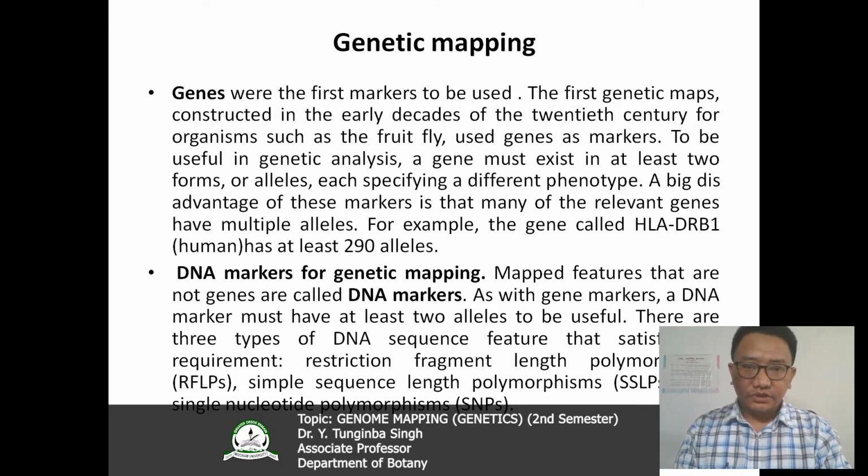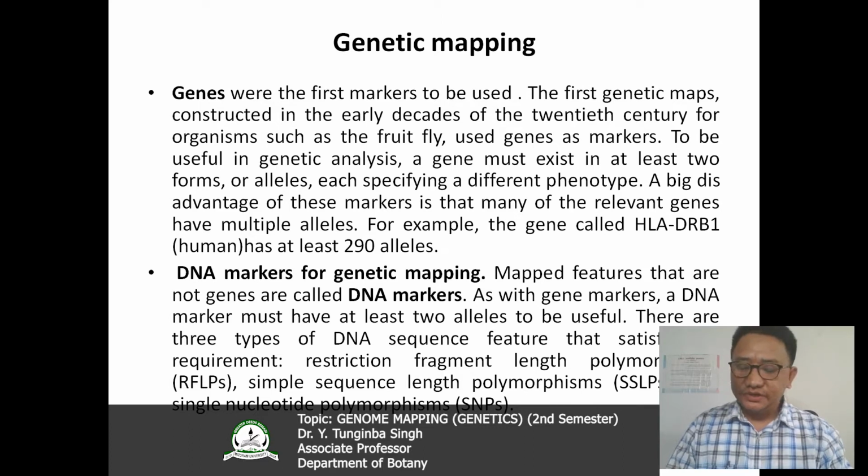For a gene to be a marker, it is important that it must exist in at least two forms, or two alleles. One of the main drawbacks is that when we deal with genes which have a larger number of alleles, it becomes very cumbersome. So genes were less favored.